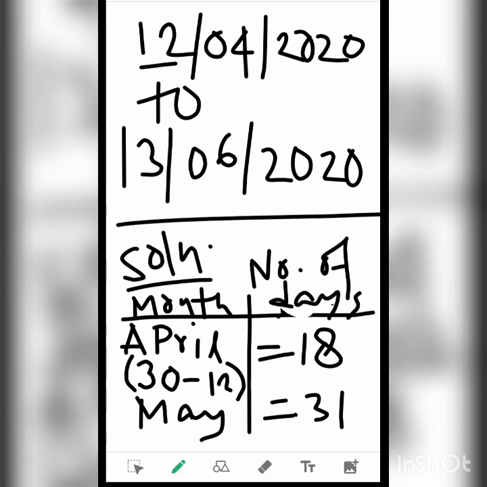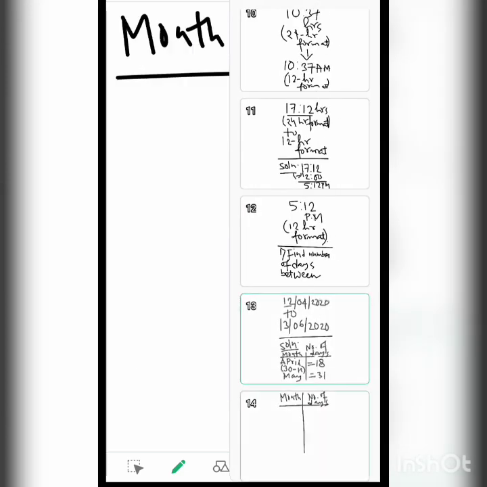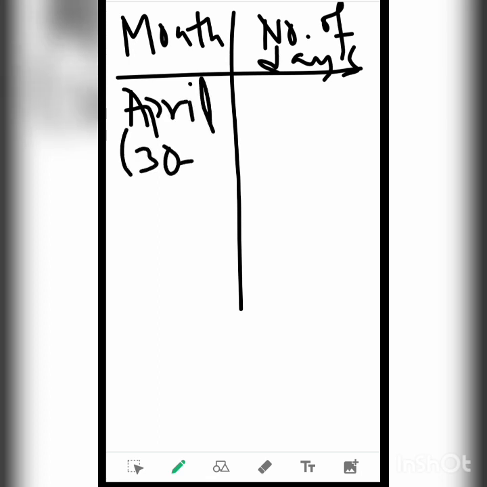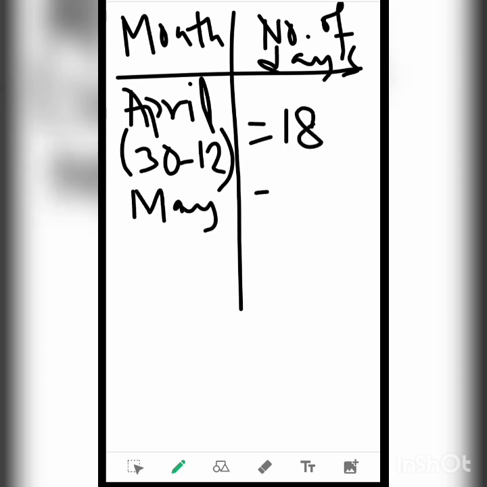Okay, month and number of days. Now for the first month April, we'll do the calculation like this. From 30 total number of days we'll subtract 12, we'll get 18. For the month of May we'll get 31 days, the entire month.